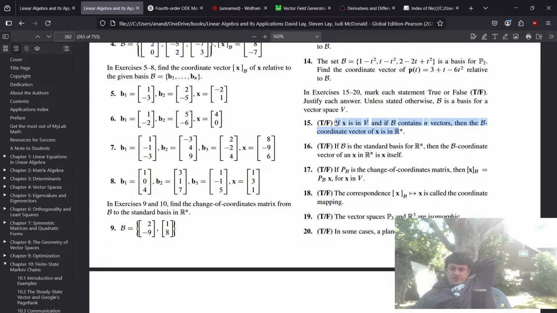If PB is the change of coordinates matrix, then XB is equal to... That's false. That's going to change the standard basis into... Yeah, so that's false. 17 is false. 18. The correspondence between X and XB is called the coordinate mapping.